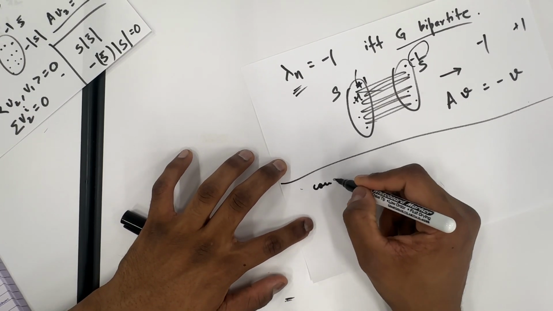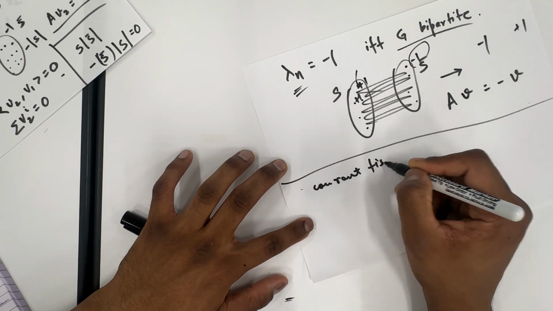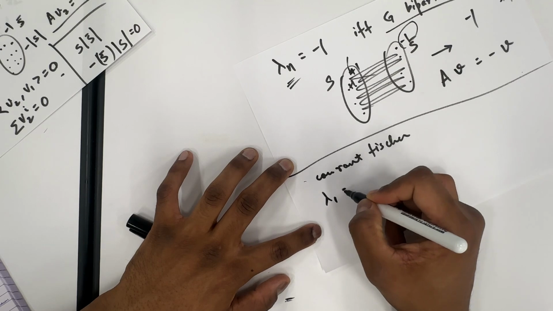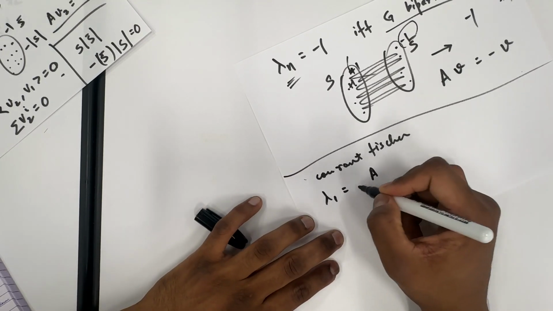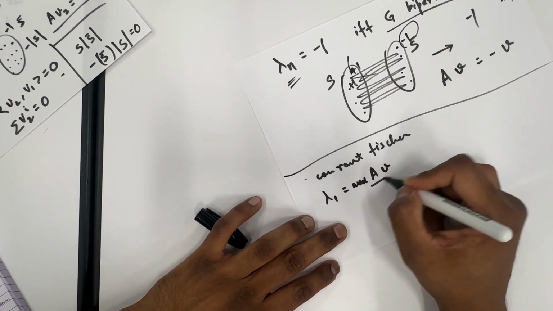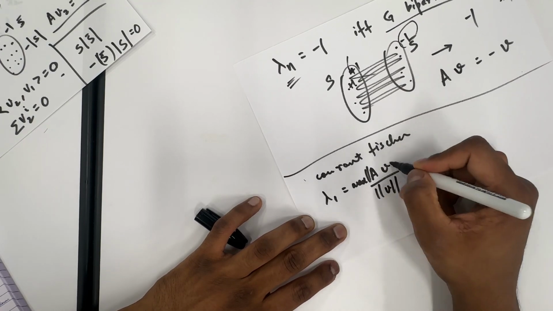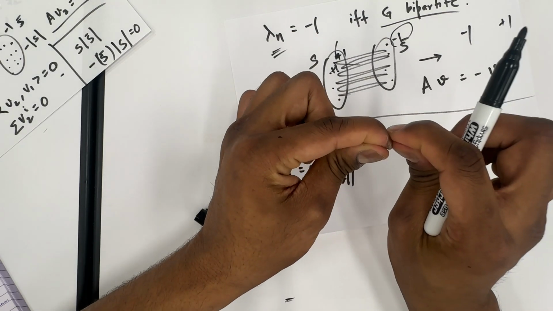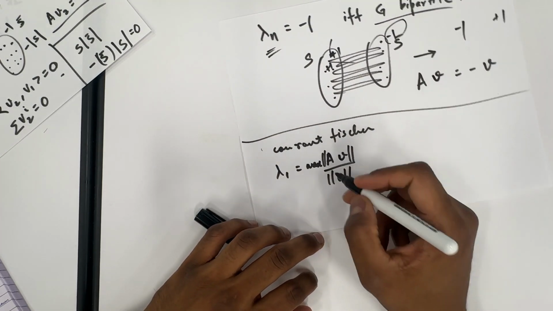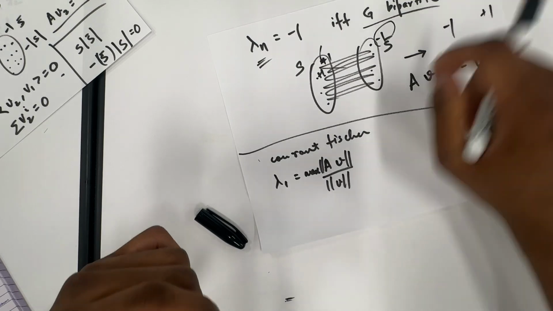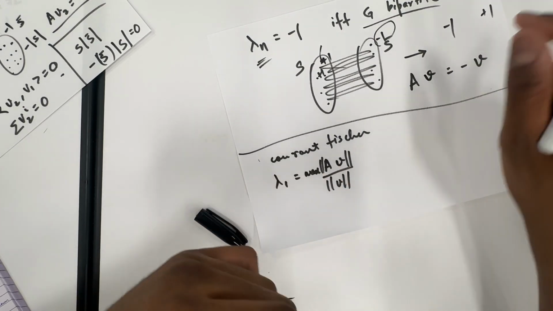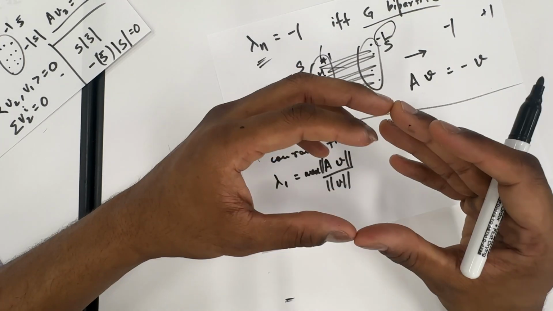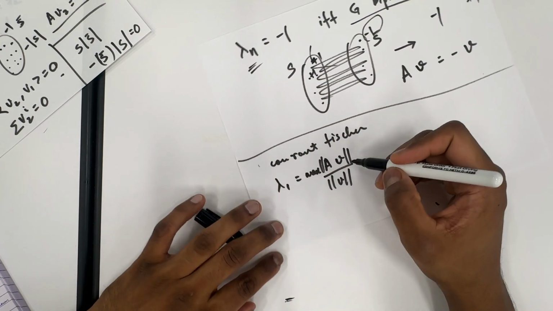Let's look at something called Courant-Fisher inequalities, which is pretty much saying that my lambda 1, which is the highest eigenvalue, is the maximum of the norm of A V divided by the norm of V. So what this means is lambda 1 is the maximum a vector V can be stretched by my operator A. So A V stretches it, and dividing by the norm of V gives me a factor of how much my vector V can be stretched.